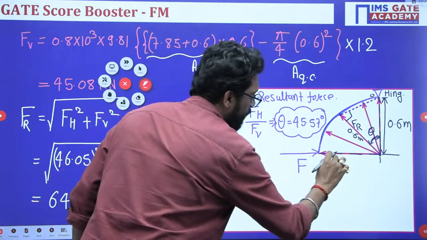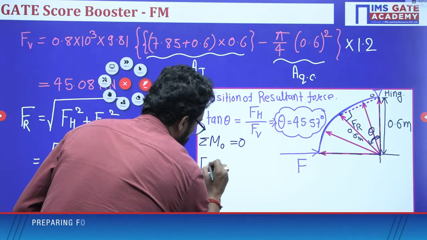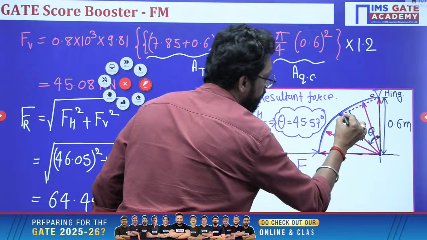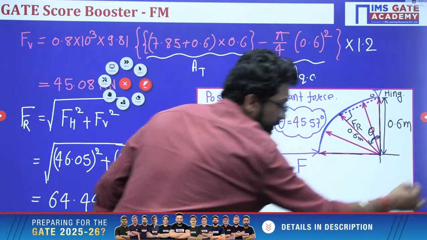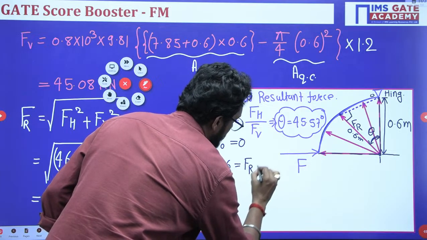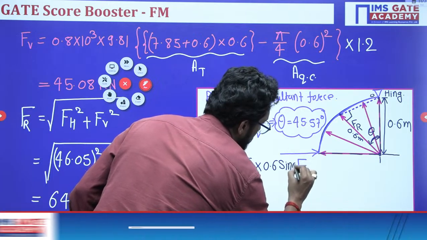So this force into 0.6 produces an anti-clockwise moment, and this force into the perpendicular distance produces a clockwise moment. So F into 0.6 equals FR into 0.6 sine theta.